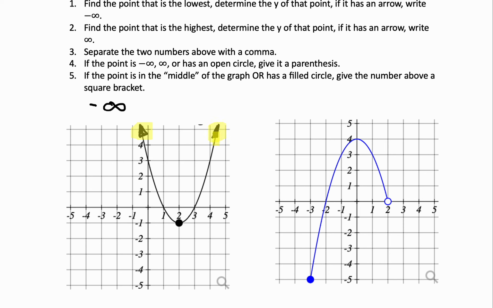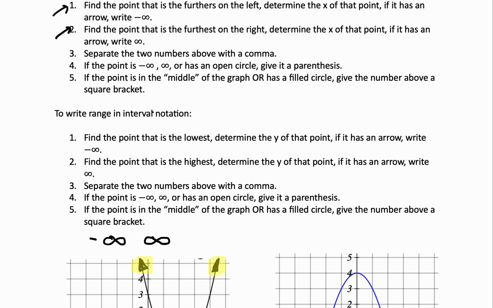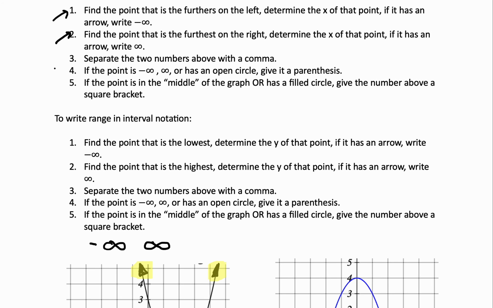And it does have an arrow again, so I will go ahead and write positive infinity. Let's move on to step 3. Step 3 is here, and it says separate the two numbers above with the comma. So I'm just going to put the comma in between my infinities here.